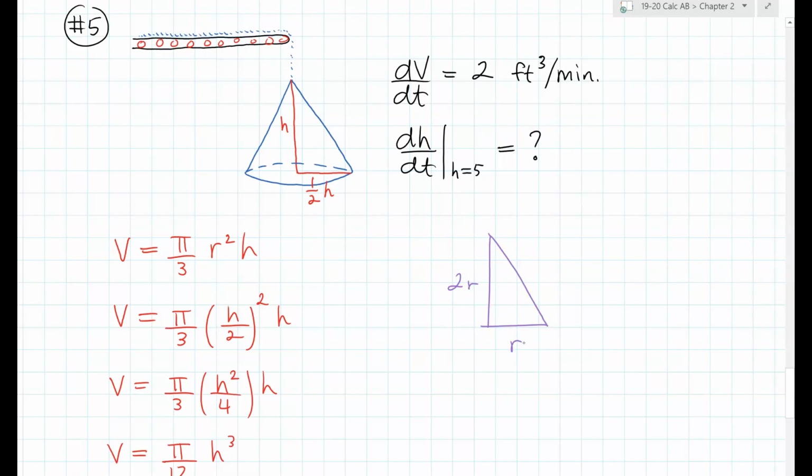That's what you would have wanted to do for the substitution if they wanted a rate of change of radius, right? You want to keep your radius, so you want to change your height to 2r, because they said the radius is half the height, so that means if the radius is r, the height must be twice as big, right? So you got to be aware of what's given, what you need, so you can change things however you want.